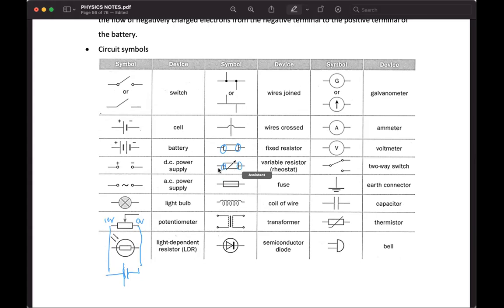A variable resistor, the 2 points are actually fixed. There's only 2 points. You adjust the resistor value to adjust the current. Okay, but for potentiometer, it's the same resistor but with 3 points. Okay, the first 2 points is the same as a fixed resistor. The third point can vary along this value, 10 volt to 0 volt. Are you clear about this?